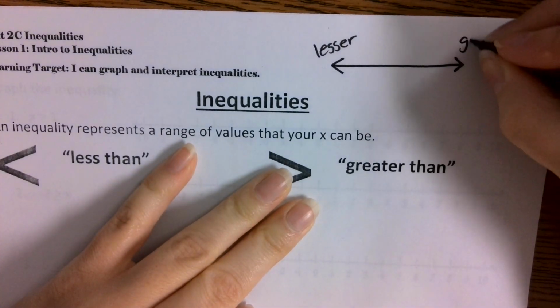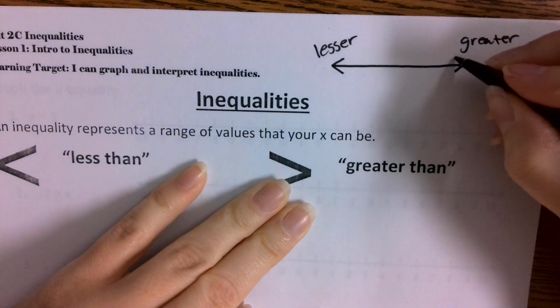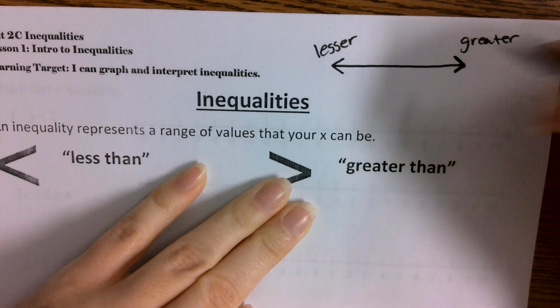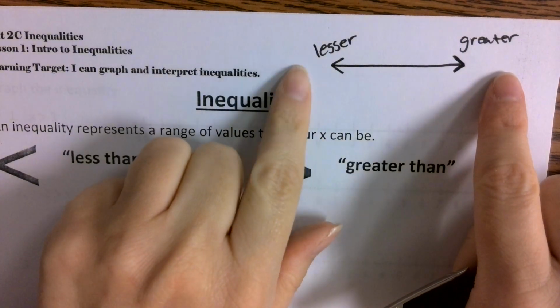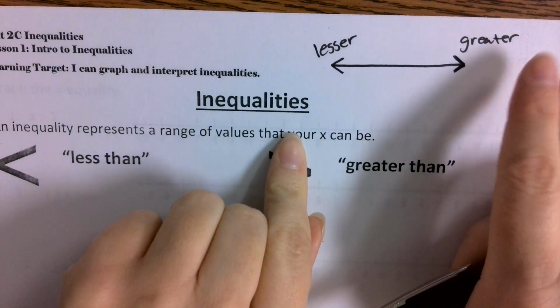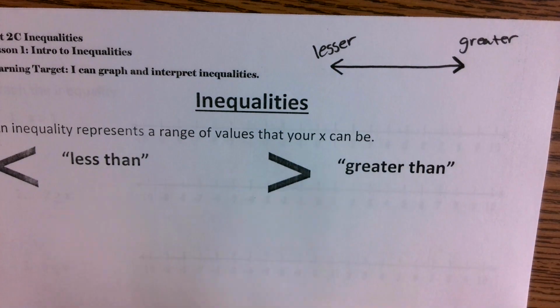And my greater numbers are on the right side where my arrow is pointing to the right. So think of the arrows at the end of your number line. The smaller or lesser numbers are on the left side. The greater or larger numbers are on the right. Those arrows resemble your inequality symbols.